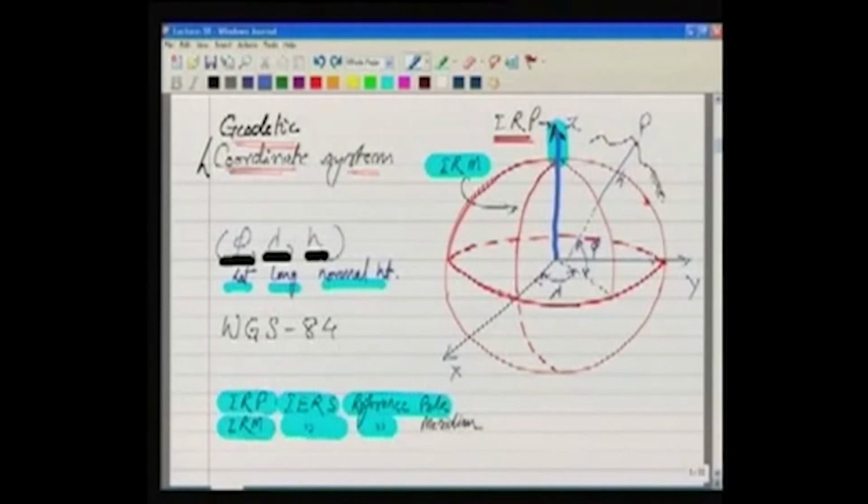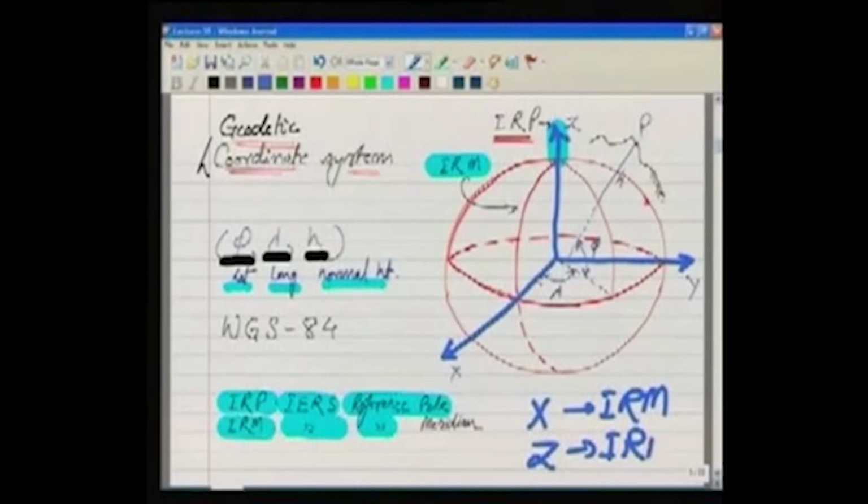IRP means the reference pole, and that is another axis. We say x, y and z. So basically x is fixed, it is IRM, and z is fixed because it is along IRP. Then the position of y is defined automatically because this is a right-handed coordinate system.